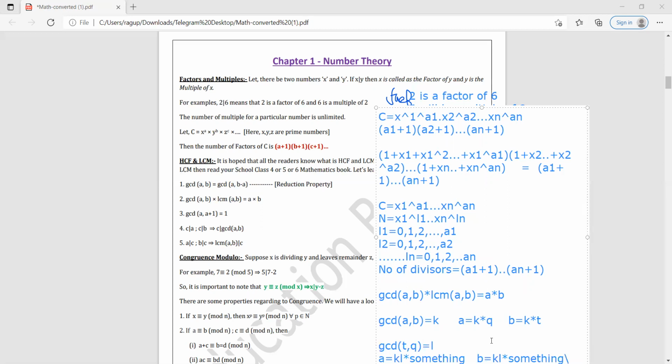So this would mean that KL is a common divisor of A and B, and the GCD would change. We can clearly see this because KL divides both A and B. So our assumption that K is our GCD is wrong. Therefore, GCD of T and Q not being equal to 1 is not possible. Therefore, GCD of T and Q is 1 and they are coprime.